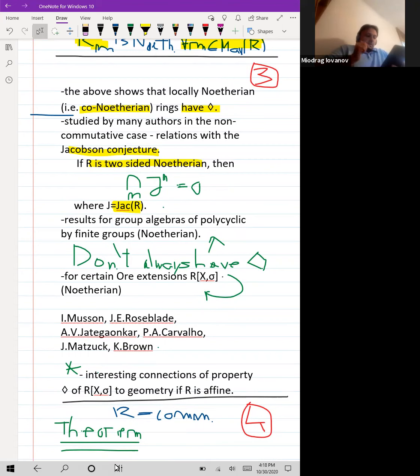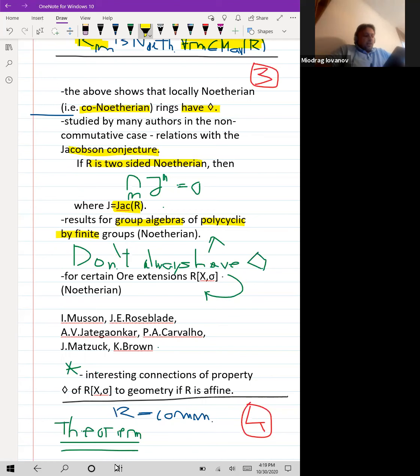As a first example, here is one class of rings where this has been looked at, namely group algebras of polycyclic-by-finite groups. Why am I highlighting this? These group algebras are Noetherian rings, two-sided Noetherian rings.